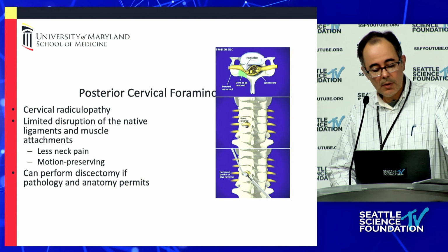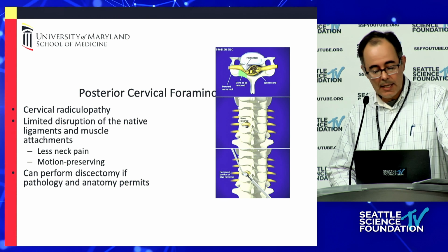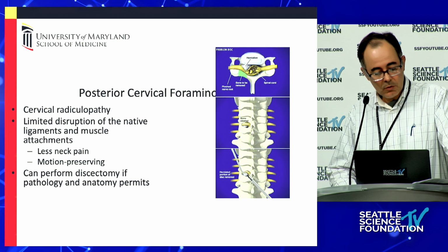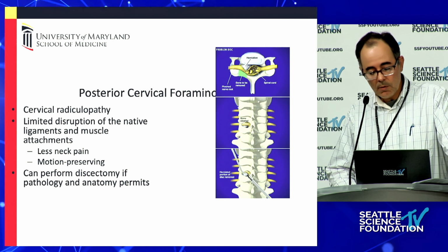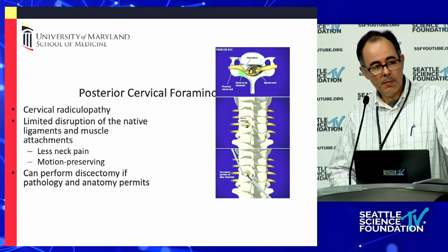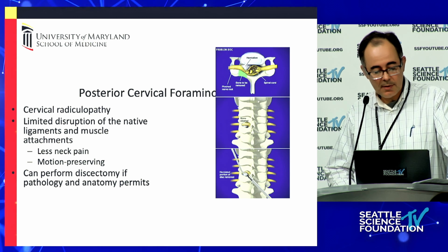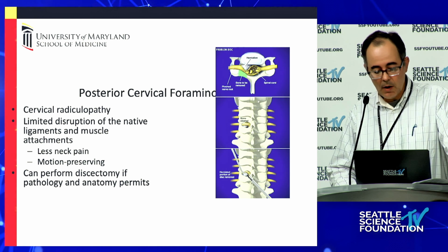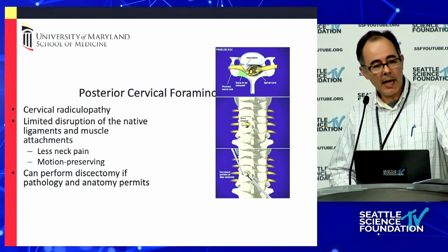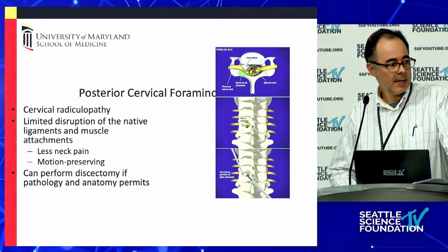Just going through the procedure, you make a small window overlying the lamina and the medial aspect of the facet joint. Often with these patients, if they have unilateral disease or unilateral symptoms, I favor foraminotomy.